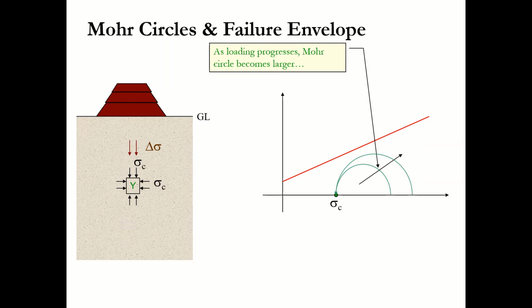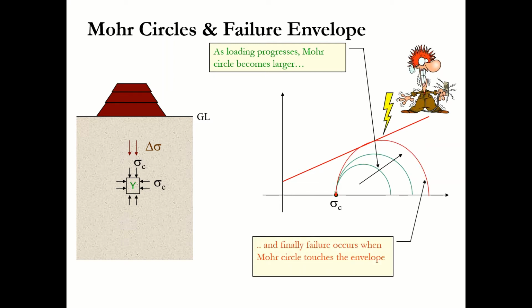If we increase the height again, the diameter will increase, and at one certain point it will touch the Mohr-Coulomb failure line. When the Mohr circle touches the Mohr-Coulomb failure line, then failure will occur. So we need to know when the soil sample will fail.